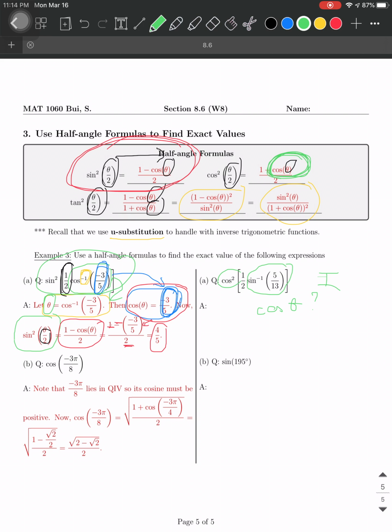As for the last example I want to show you guys. I want to ask you guys to find the exact value of cosine of negative 3π/8. If you do the math and convert this one back to degrees, it's not going to be something pretty. I got, okay, so negative 3 times 180 divided by 8 is going to give you something like negative 67.5 degrees, right?